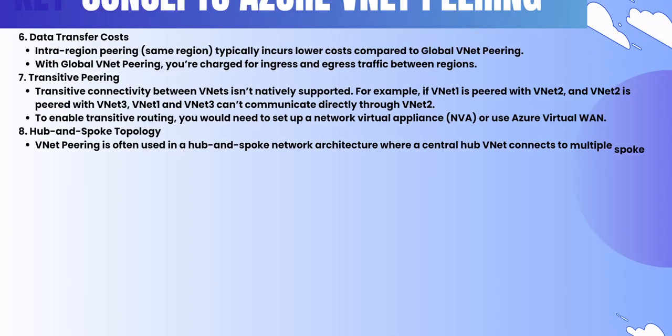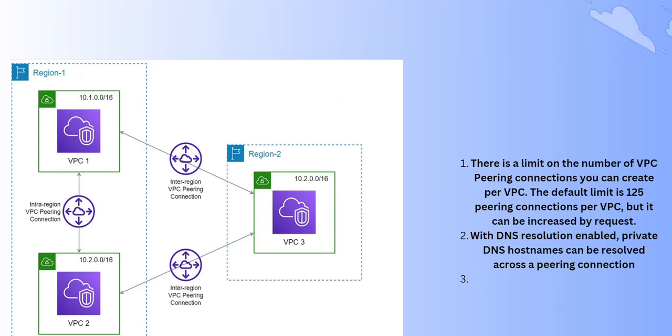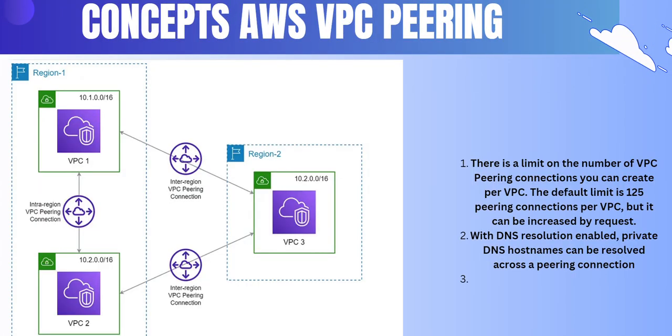So we'll see the same thing on AWS. Here in AWS, as we have seen with VPCs, multiple regions can connect, and peering should be there to make them communicate.